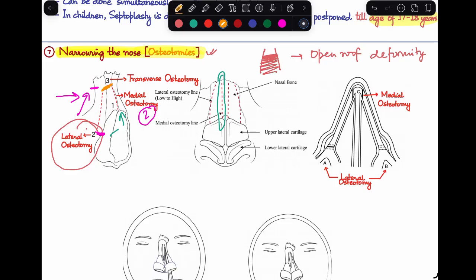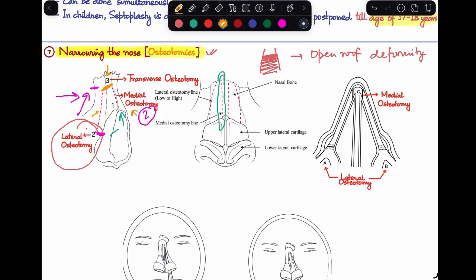Thus, with the help of all these three osteotomies, we have completed the mobilization that we wanted of the nasal bones. So now that you have given the lateral osteotomy cut, the medial osteotomy cut, as well as the transverse osteotomy cut, now what we will be doing is we have to move the bones.